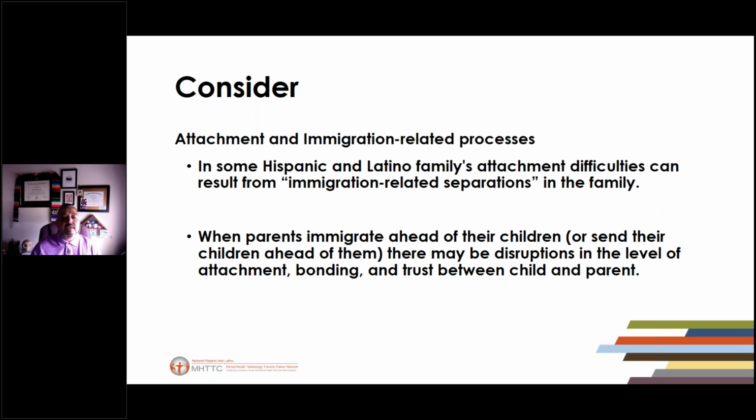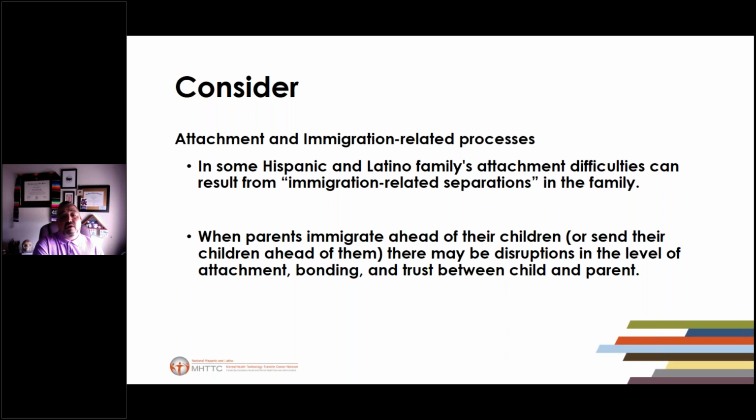So again, looking at those two factors, attachment and immigration related processes, really consider and identify what were the separations that the family was able to identify and share with you during the immigration process. Were there adverse childhood experiences being experienced?